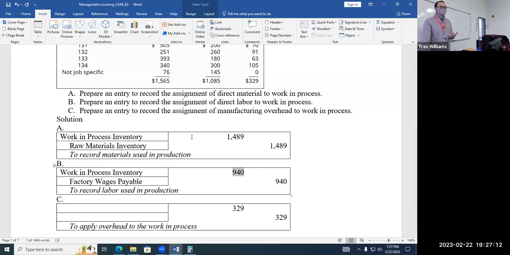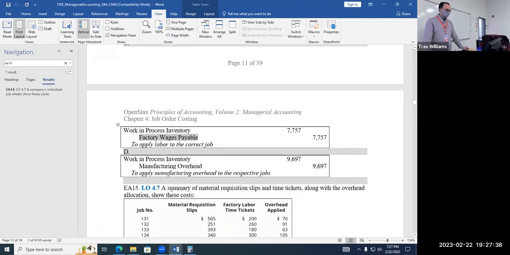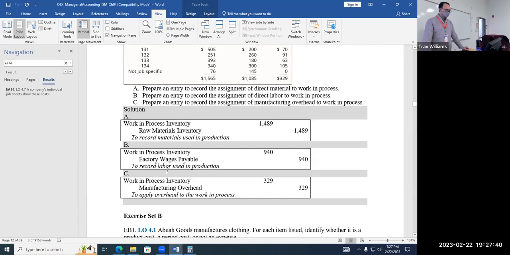So there's no direct or indirect. It's like overhead costs, and then they get applied. So all of these overhead costs are going into work in process inventory, coming out of manufacturing overhead. And let's check that here. Okay, yeah, that all looks good.